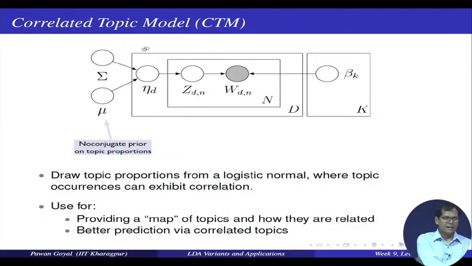So once you have done that, finally you will again get your k topics, like the 100 topics in the case of science, plus you will also know which pair of topics are correlated with each other. And this can be very nicely used to give a map showing that these topics make a single cluster or group, they are correlated to each other. These topics are another group that are correlated with each other.